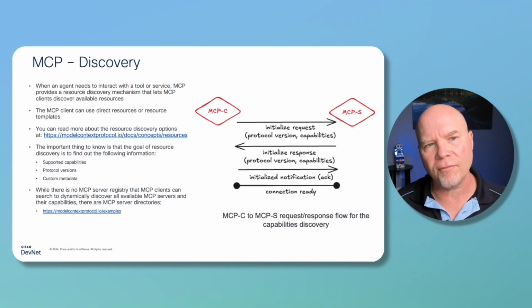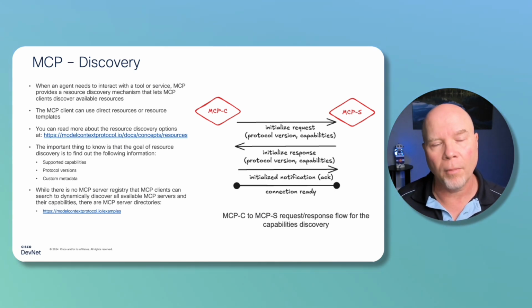Now, I mentioned discovery in one of the earlier parts of the talk. Discovery can be quite confusing to some people, depending on where you come from, an operational or a developer background. In many cases, we're used to discovery being very automagic, right?